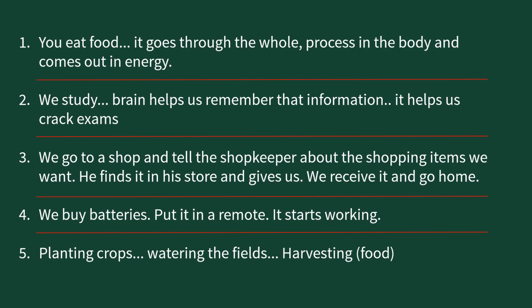Second, we study. The brain helps us to remember, and then we write exams. Third, we go to a shop and ask the shopkeeper for the items we need, and the shopkeeper gives them to us and we receive them and go home. We buy batteries, put them in a remote and it starts working. Planting crops, watering the field and harvesting. So the final outcome here is the food.